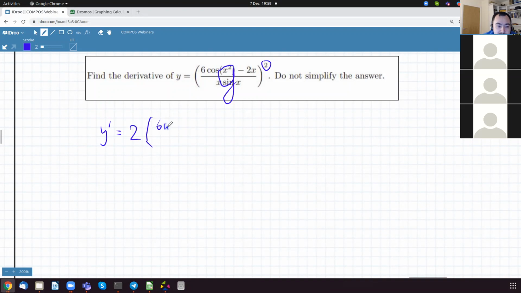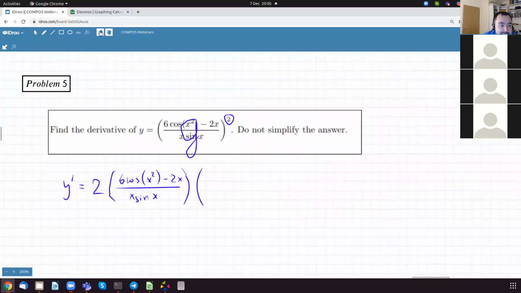6 cos x squared minus 2x divided by x sine x, multiplied by the derivative of the inside function. So we refer to this as the inside function, and this is the outside.